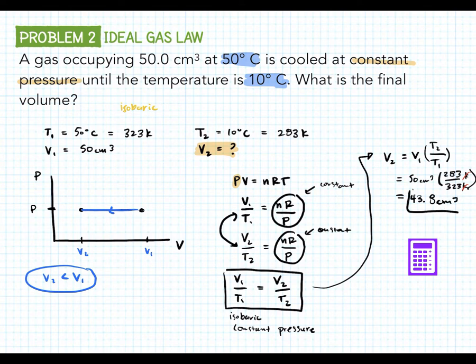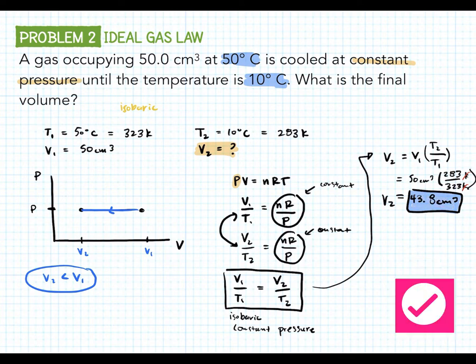So this is our volume 2, and the good news about that is it does end up being a smaller volume. So volume 2 is equal to 43.8 centimeters cubed, okay?